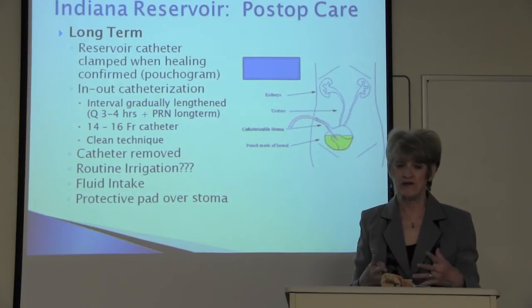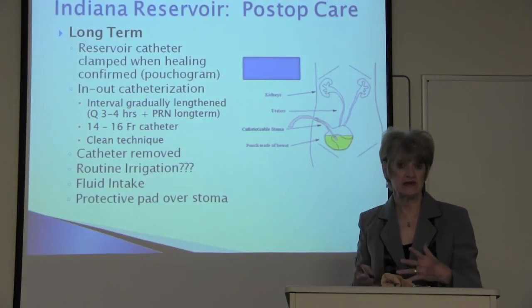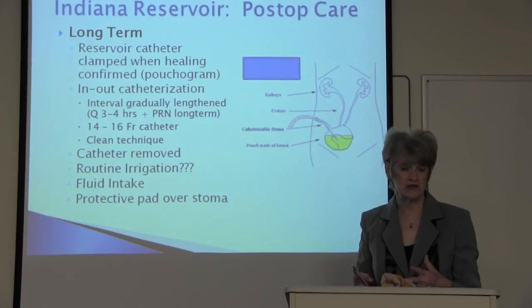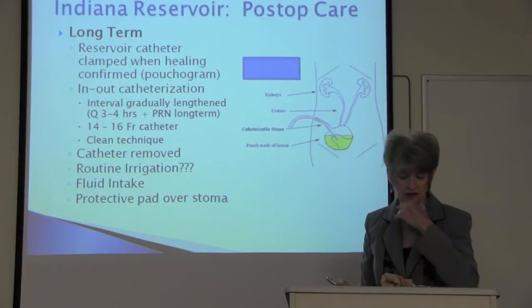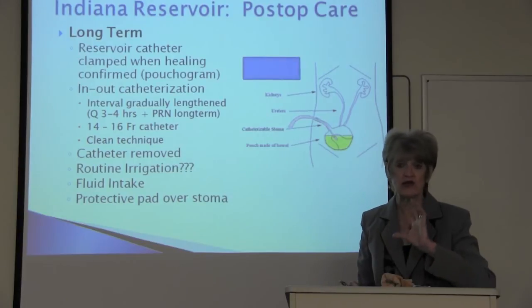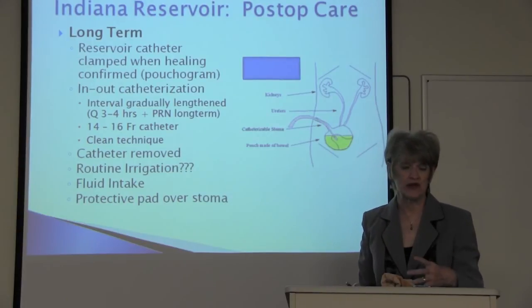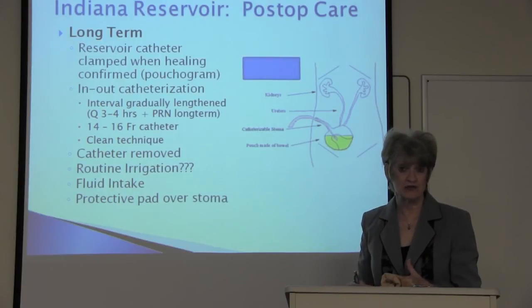So they'll start out with every 1 to 2 hours, then every 2 to 3 hours, then every 3 to 4 hours. Most patients long-term catheterize about every 4 hours, but also PRN, because if you go out to dinner, you're sitting there with friends, you're drinking more fluid than normal, or you're drinking wine with dinner, you're going to have more urine output. You're going to need to catheterize more often.